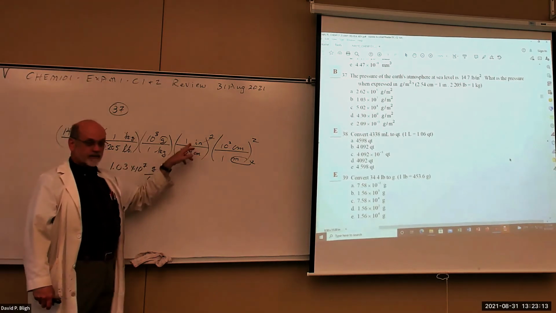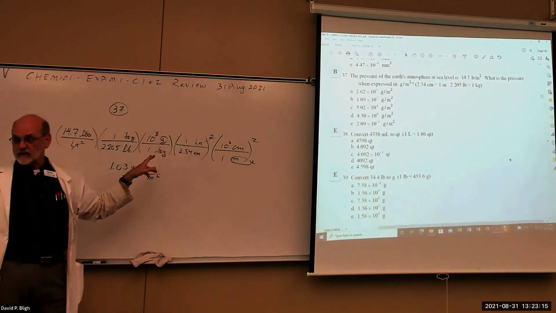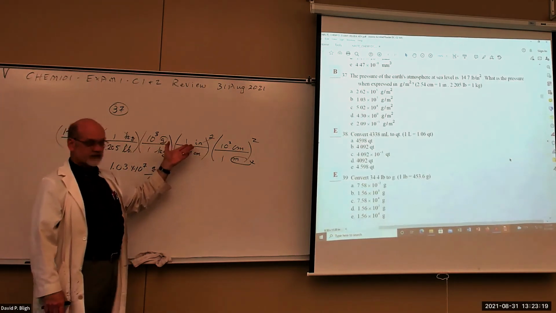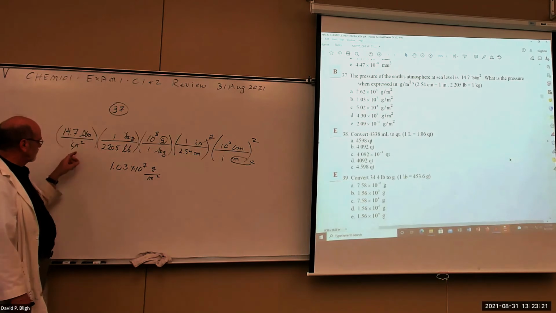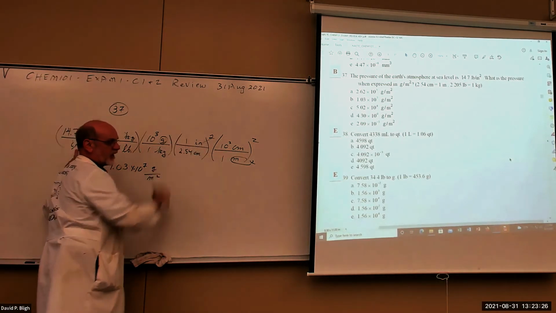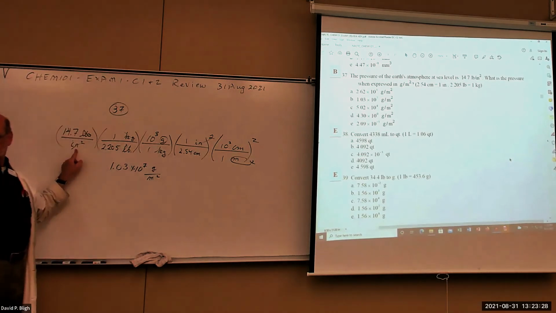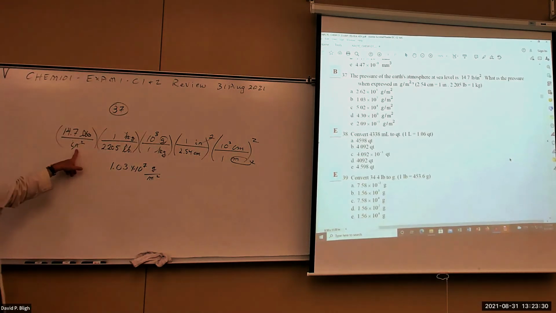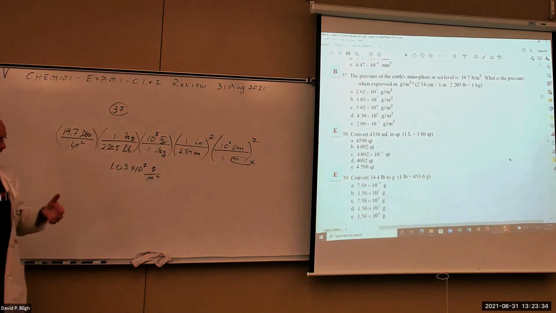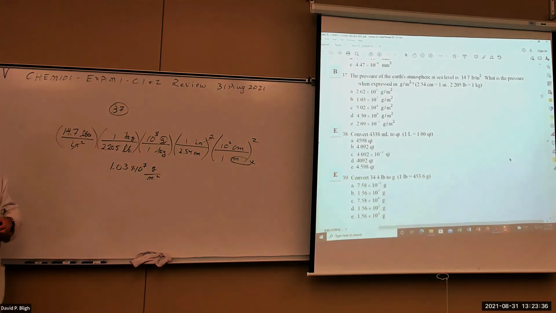I know this relationship of centimeters to inches, but I don't know off the top of my head square centimeters to square inches. Okay. So I just use the linear relationship and then I square it. Works every time. And then I have to convert that also. So that's the thinking part. The rest of it is be sure you know how to run your calculator.